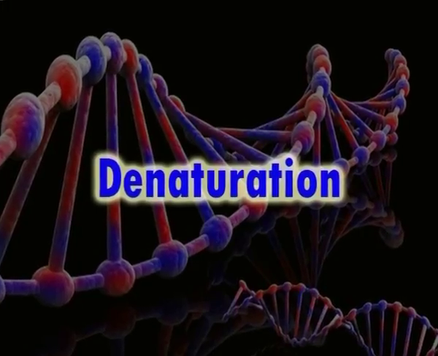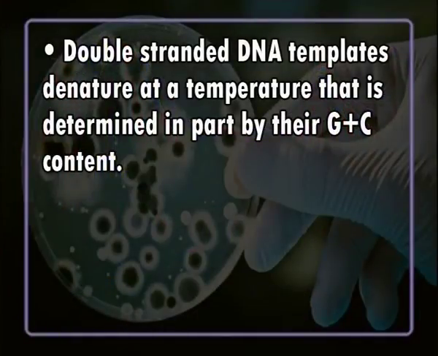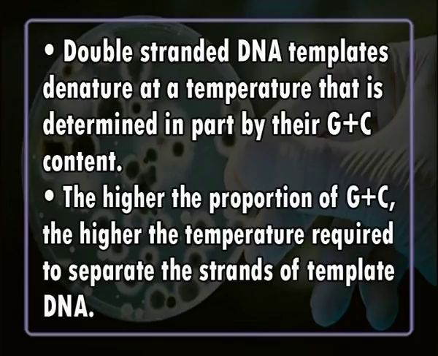The next step is denaturation. Double-stranded DNA templates denature at a temperature that is determined in part by their GC content. The higher the proportion of GC, the higher the temperature required to separate the strands of the template DNA.